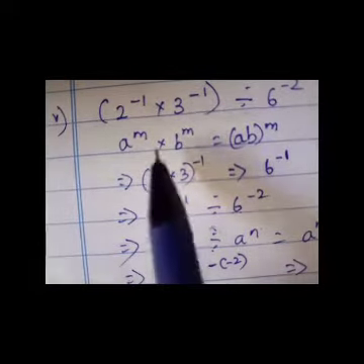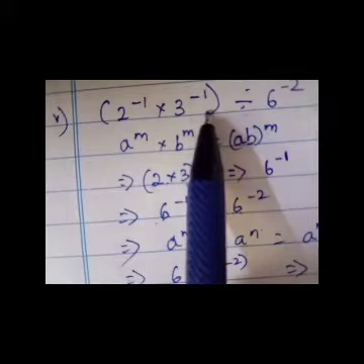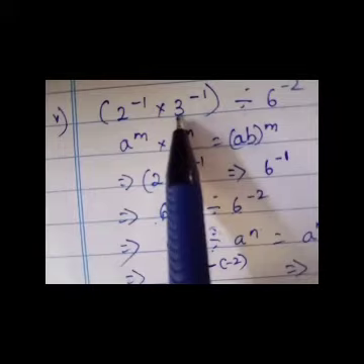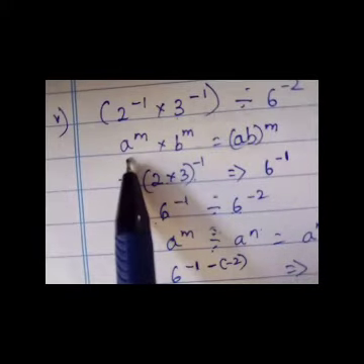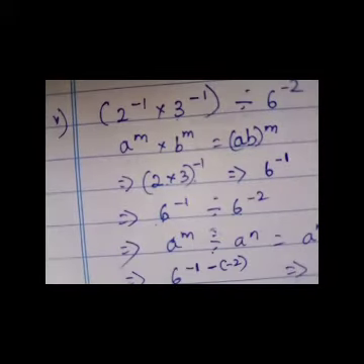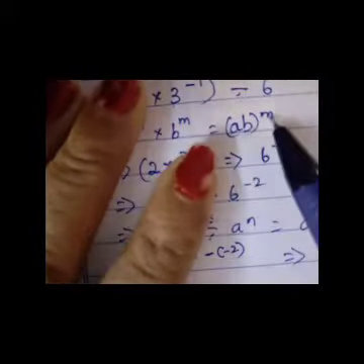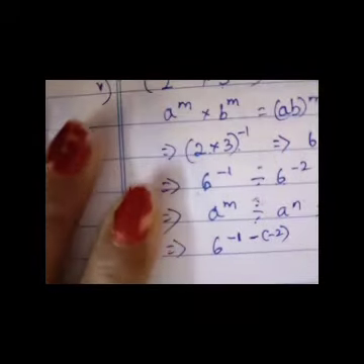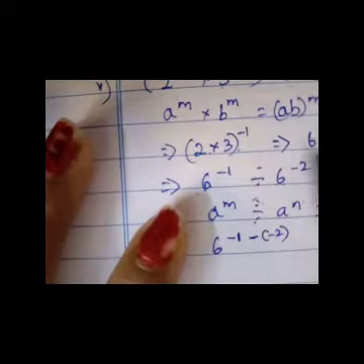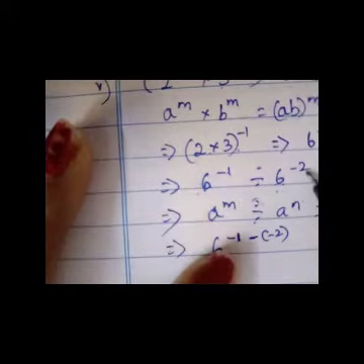Have you understood? So first you have to simplify the bracket. See in which rule it is. As the bases are different and powers are the same, it is the power of a product rule. a power m into b power m is equal to a into b the whole power m. Now here 2 into 3 is 6, the whole power minus 1, divided by 6 power minus 2.